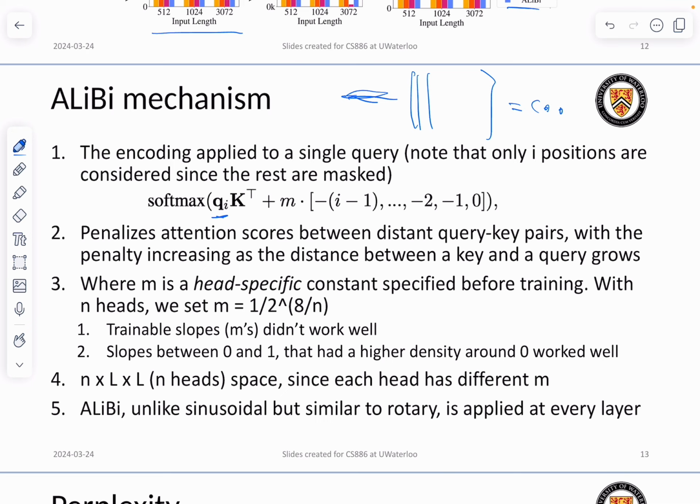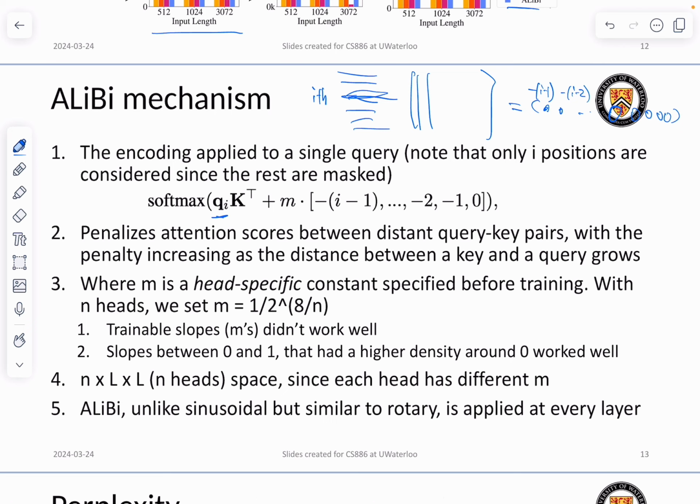And basically at this position here, this is the ith out of many. Here we add minus (i minus 1). Here we add minus (i minus 2), all the way to 0. And then 0 is after that.